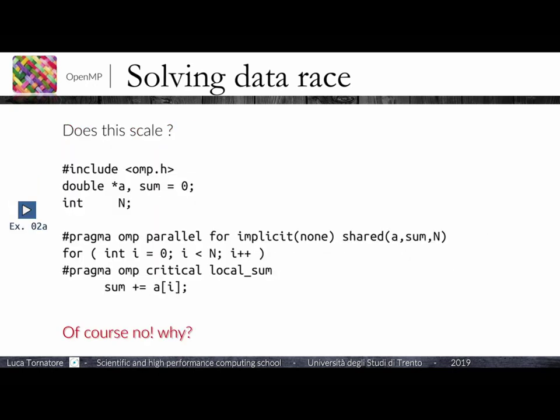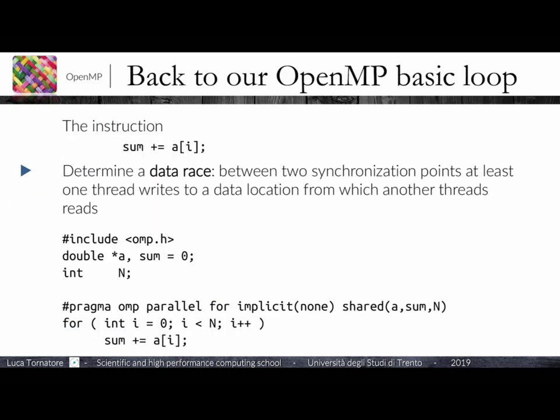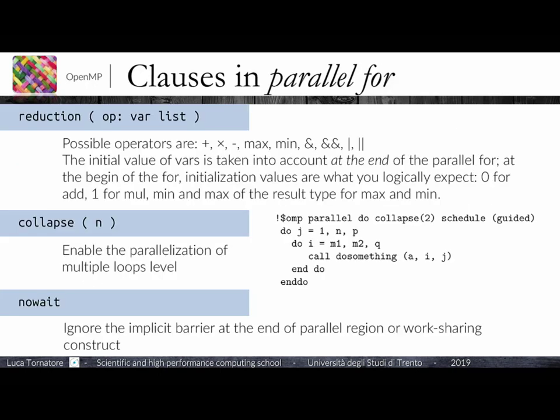The possible reduction operations are plus, multiply, minus, max, min, and these logical or bitwise operations, okay? What is interesting is that the initial value of the variable is taken into account at the end of the parallel for.